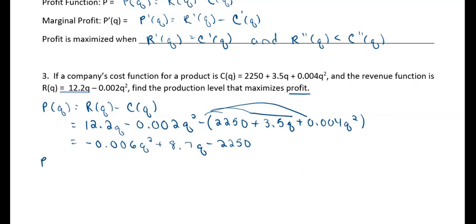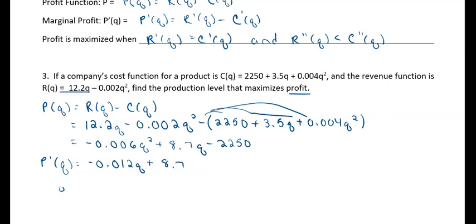Now it's asking us to find the production level that maximizes profit. So whenever we need a max or a min, we take the derivative. We have our equation for our profit function, so we need the derivative. Our derivative will look like negative 0.012 Q plus 8.7, and then the derivative of 2,250 goes to 0.